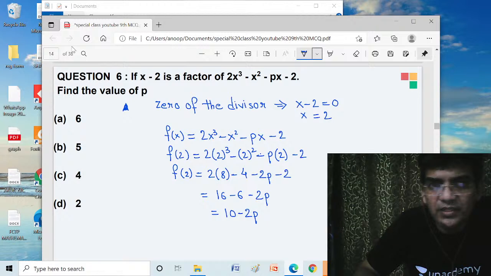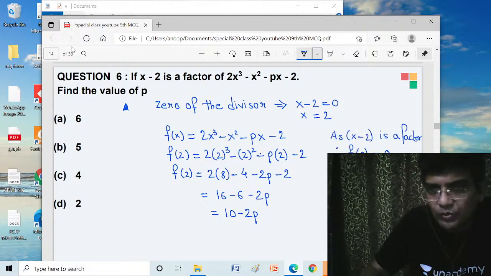The remainder we got is 10 minus 2p, so 10 minus 2p must be equal to 0. So 10 is equal to 2p, and p is equal to 5. In the question they have asked you to find the value of p, so the value of p is 5. This will be my answer to this part.